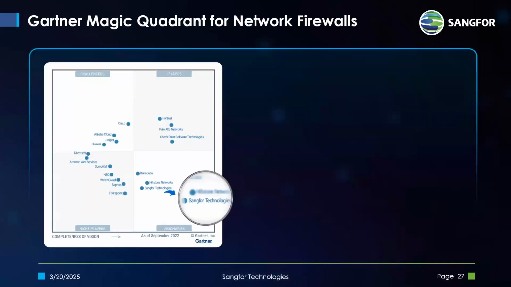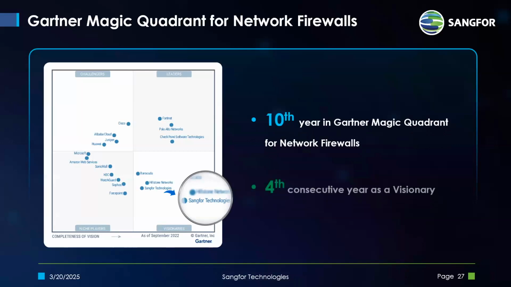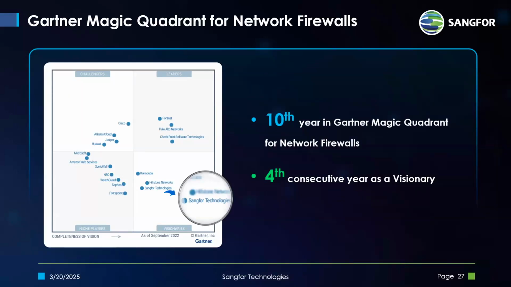Our firewall has been in Gartner for the last 10 years as a visionary. This is the fourth consecutive year that it is regarded as a visionary. This means that the firewall is already accepted and included in the Gartner Magic Quadrant.